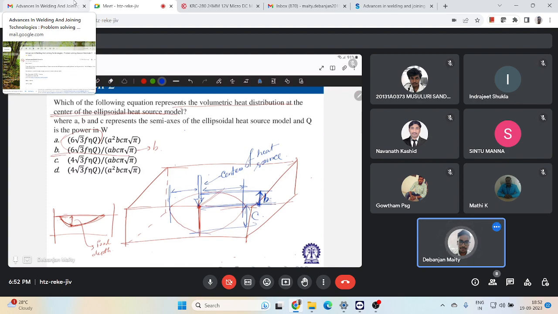Now in the adaptive heat source model, what we do: this was my CF and CR, you know. So we keep the total C as CF plus CR, which will be the melt pool length.